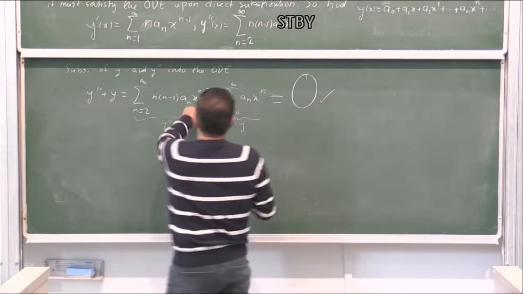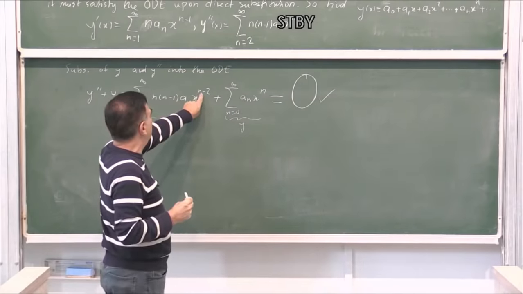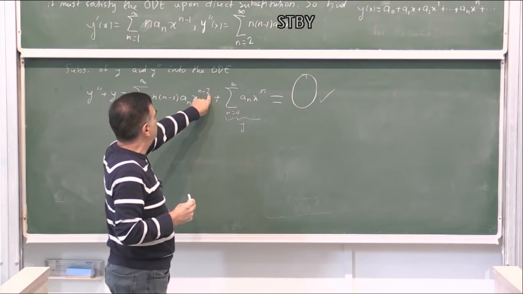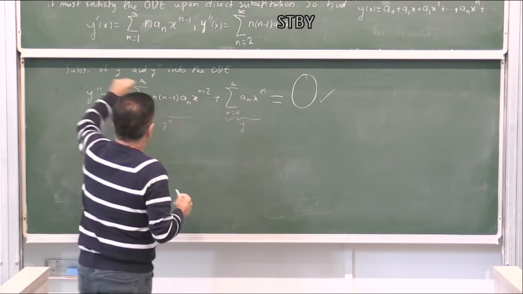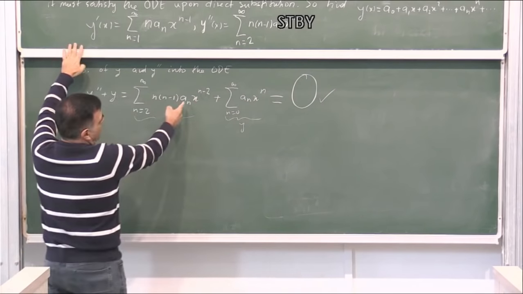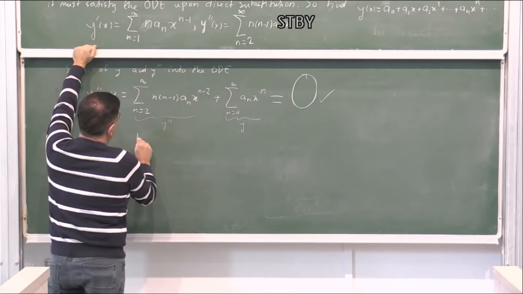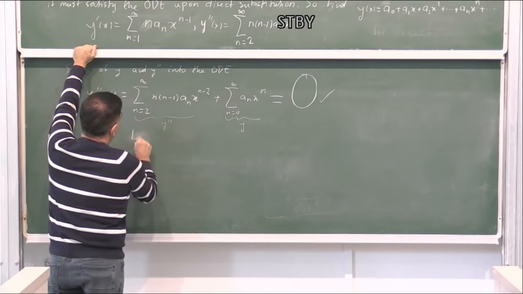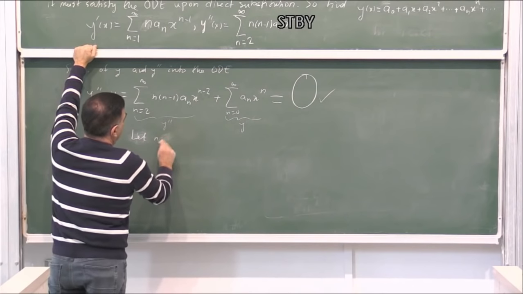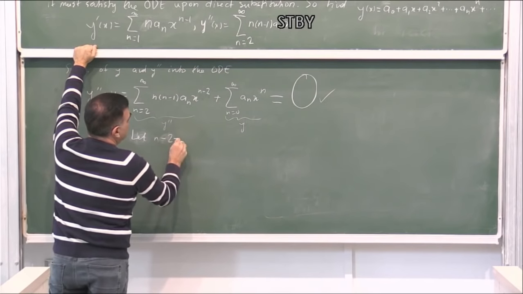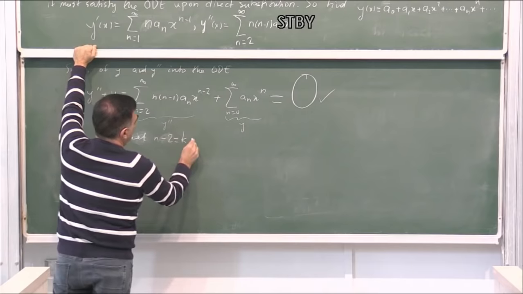Look, the first is a series in x to the power n minus 2 and the other in x to the power n, but we can use a shift. Let's say n minus 2 is k.